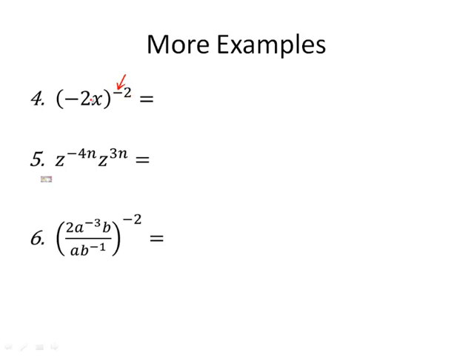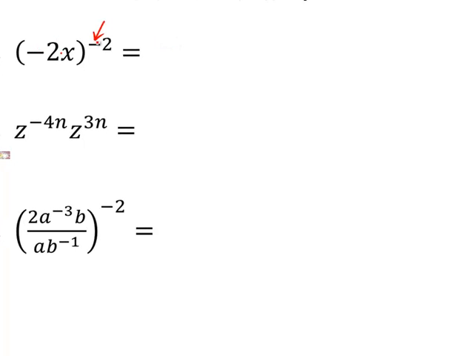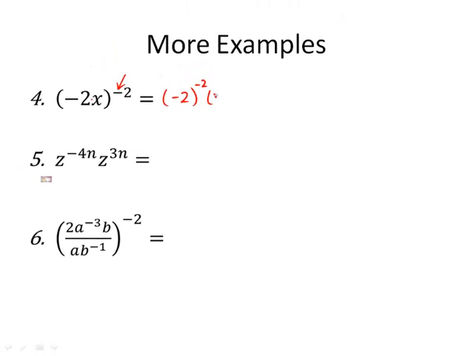We're going to want to apply the product rule, so negative 2 to the power of negative 2 times x to the power of negative 2, giving us 1 over negative 2 to the power of 2 times 1 over x to the power of 2, using the negative exponent rule, which gives us 1 over negative 2 squared is 1 over 4 times 1 over x squared, giving us 1 times 1 is 1 over 4x squared.